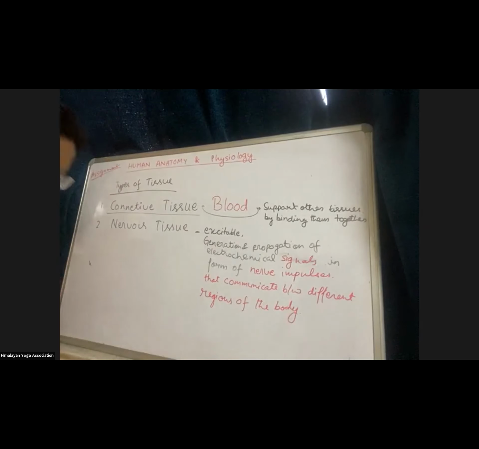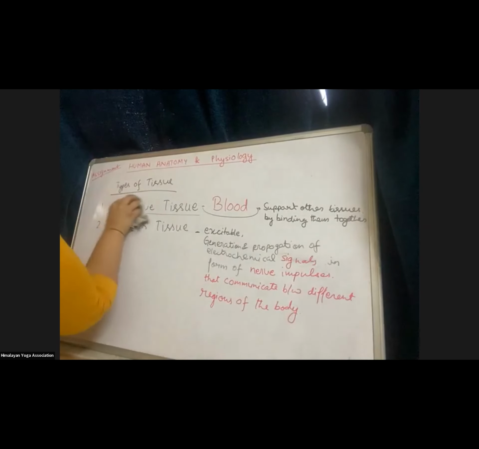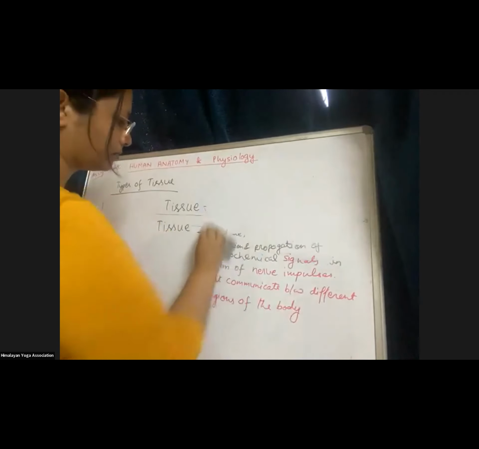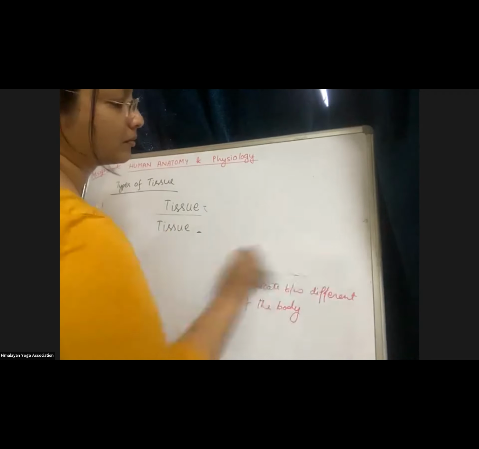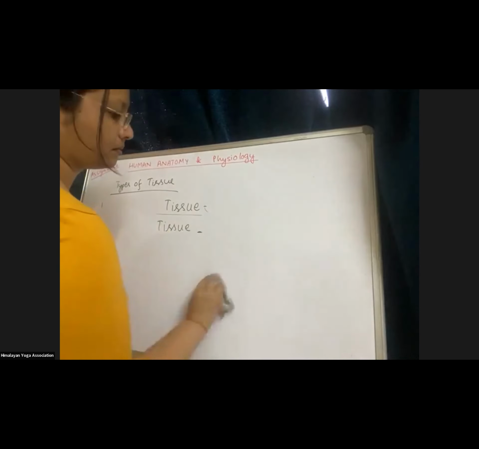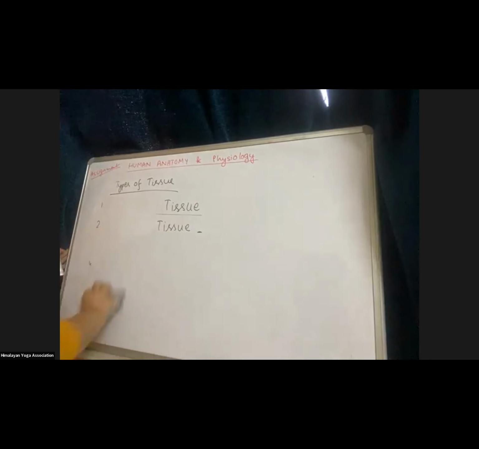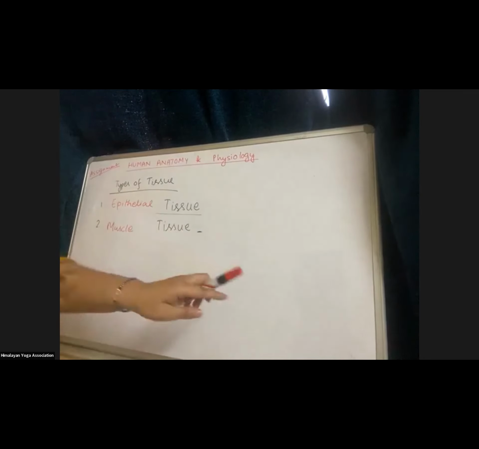Okay, next. Next is epithelium. And next is muscle tissues. So what is epithelium? Epithelium is this skin you see.